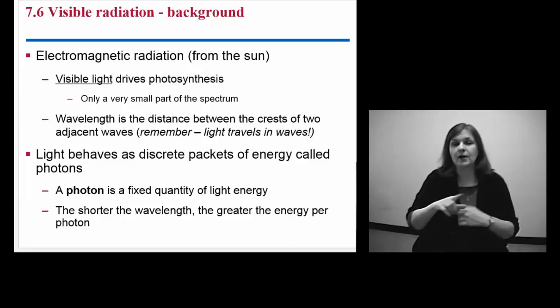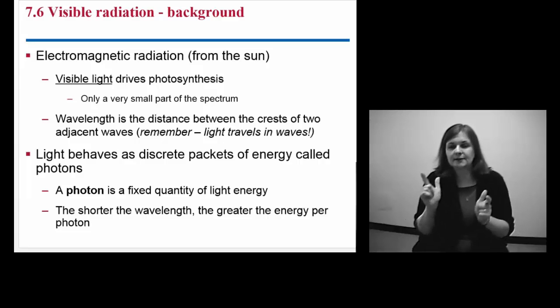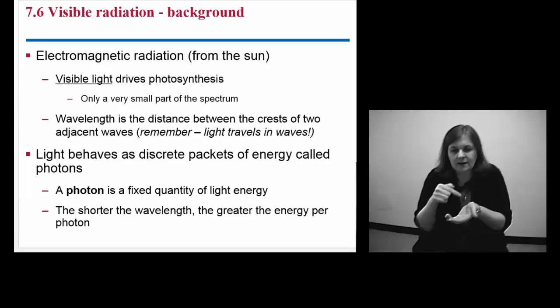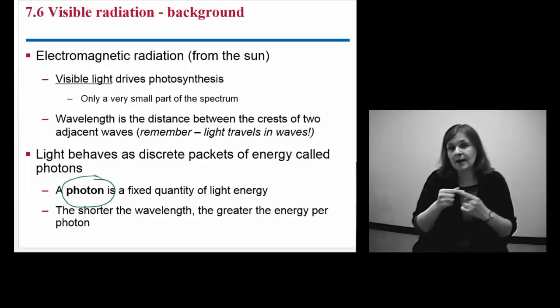When we talk about light as far as energy, we need to think about light as being little packets. These packets are known as photons. When we talk about a packet of light or a photon of light, what we are interested in is how much energy does it have.